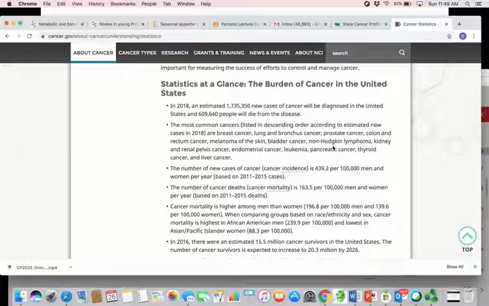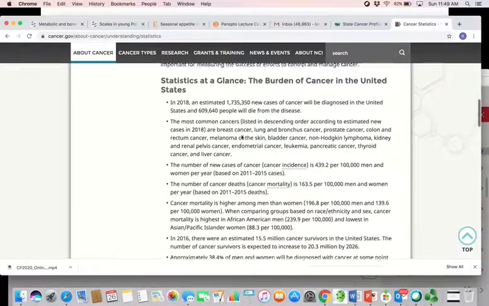So this is cancer.gov, the Cancer Institute, as part of the U.S. government research agencies. 1.7 million new cases in the U.S. in 2018. 600,000 people in 2018 died from cancer.